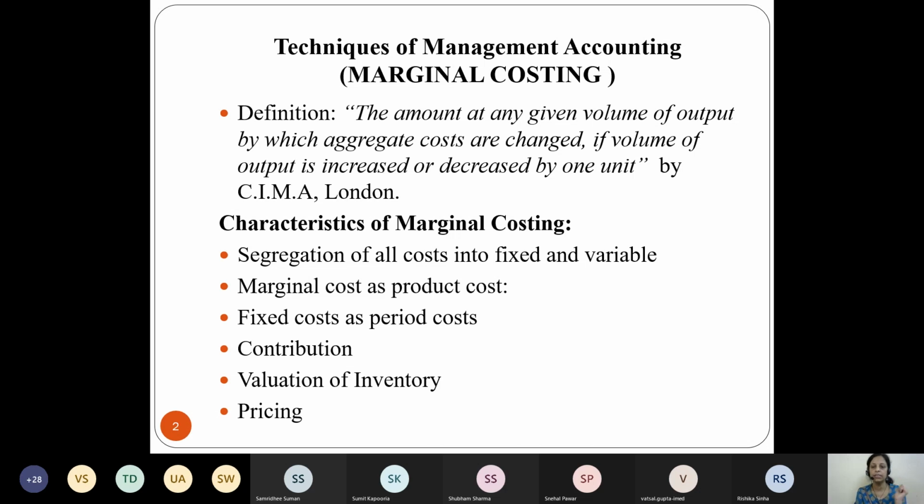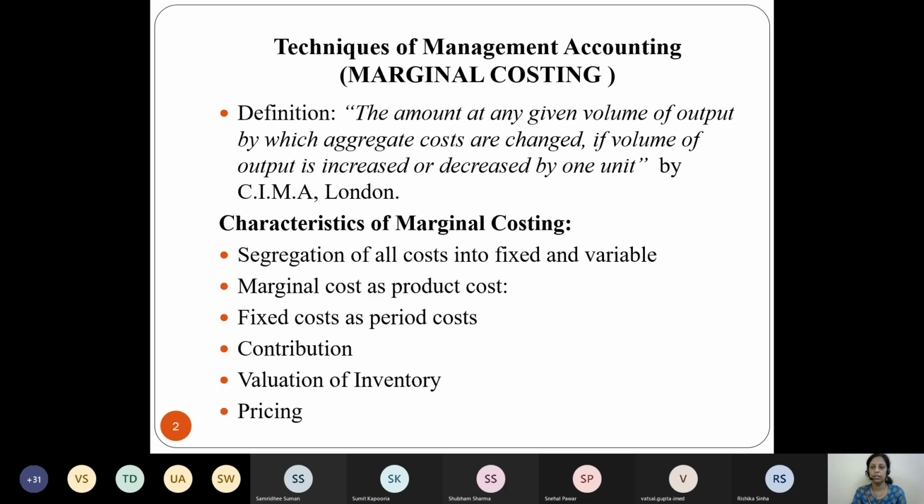We have already seen the behavior wise classification of cost, in which costs are segregated into fixed cost, variable cost, and semi-variable cost. Who will tell me what are the features of variable cost quickly?